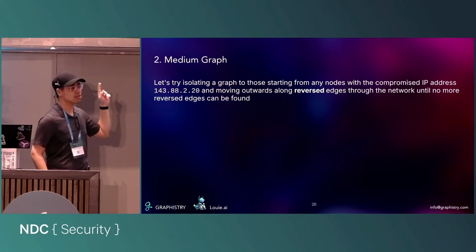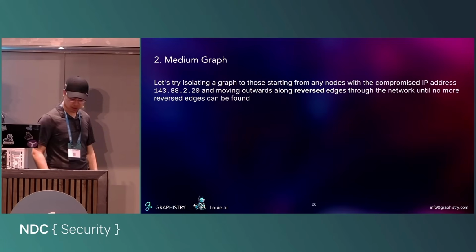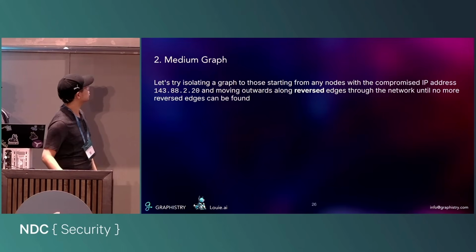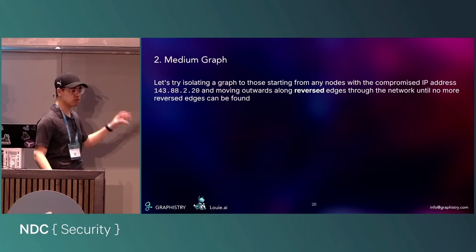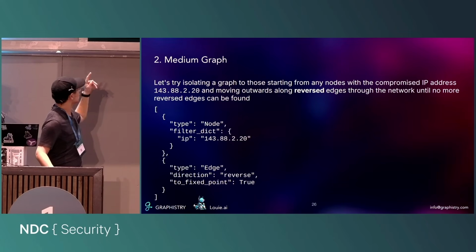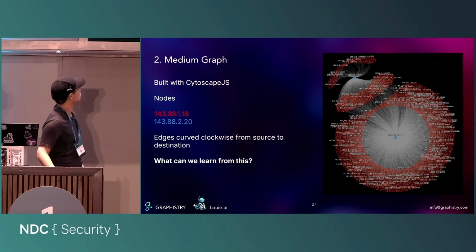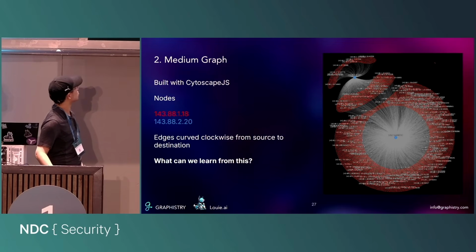If you're wondering why reverse, that's a simplification, but it is not important. You'd probably want to do something undirected instead of reverse if you were to do this for real. And that would be the GFQL query associated with that. So great, we've got another graph.